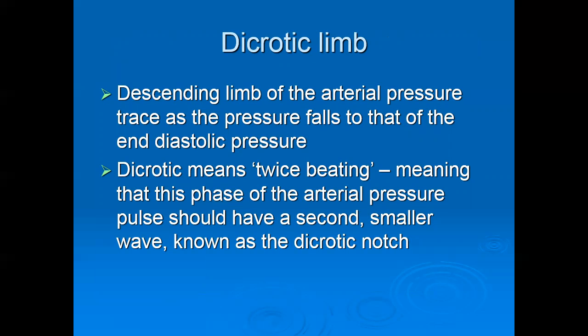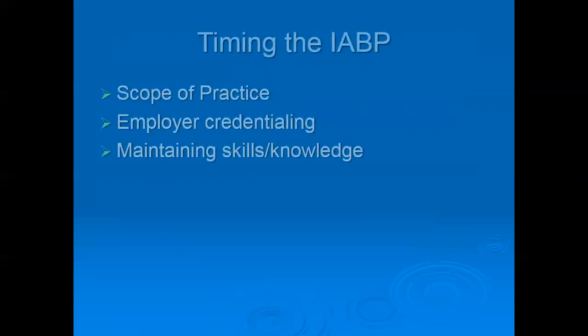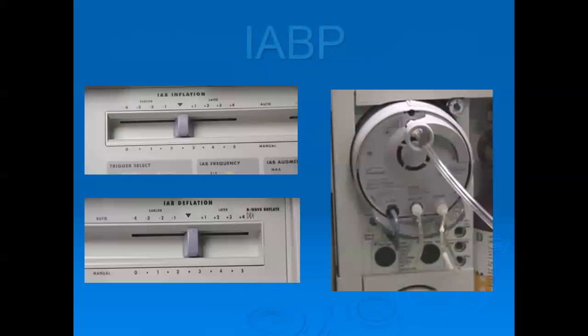And this is not beating a dead horse. I talked about the dicrotic notch earlier. Dicrotic means twice beating, or two humps. So you should have a waveform and then a second smaller hump. That's the dicrotic notch.